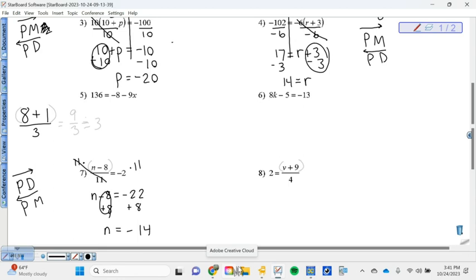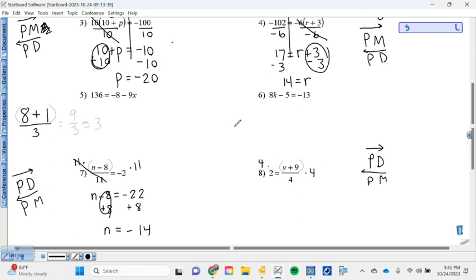Can I see? So what am I going to do first? So I've got those parentheses there with the addition inside, and then I have division, right? So I need to undo the division first by multiplying, and then I'll deal with my parentheses. So I'm going to multiply by 4 on both sides. These 4s cancel out.